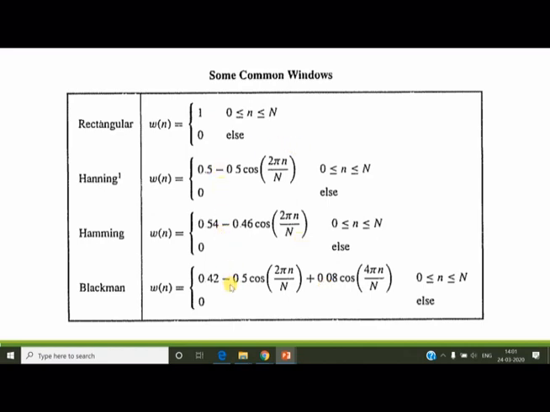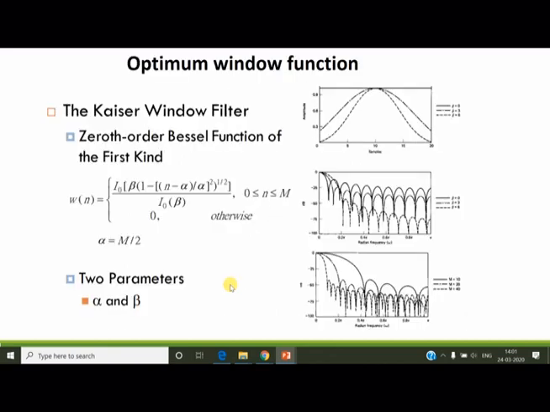Now we will follow one common practice, for which the table is provided later. Out of all the window functions, none satisfies both the main lobe and side lobe requirements at one time. That is, the main lobe should be narrow and the side lobe height should be smaller. There is one window which is called the best or optimum window function, the Kaiser window function.